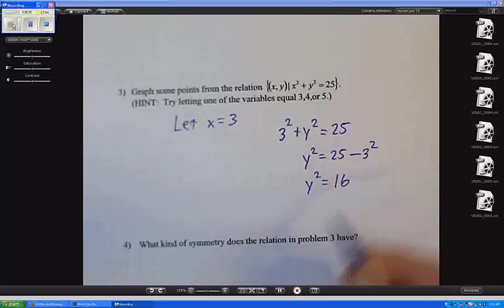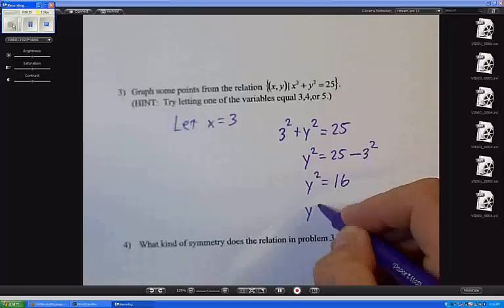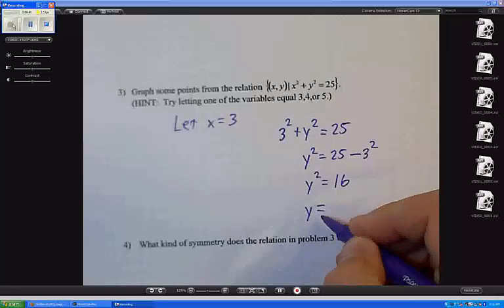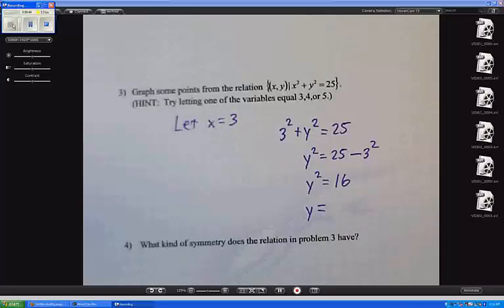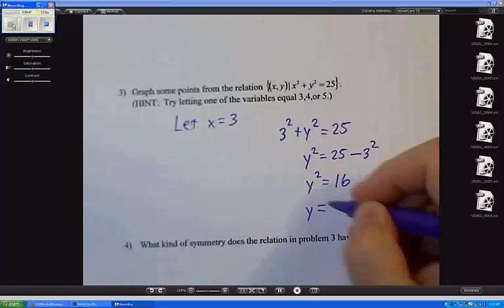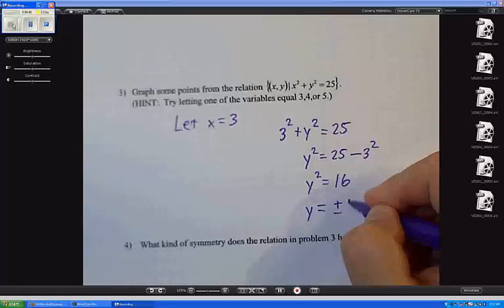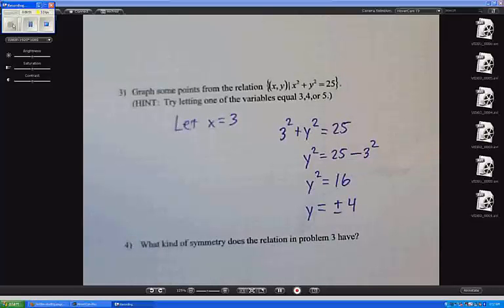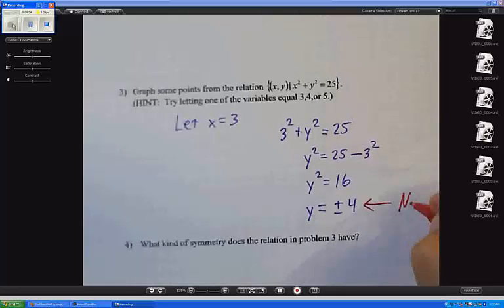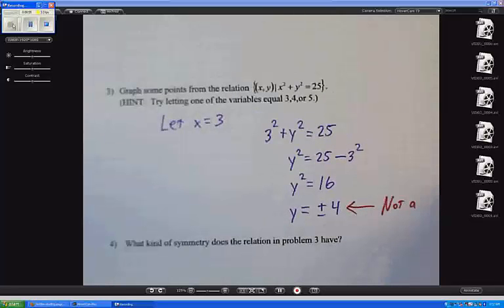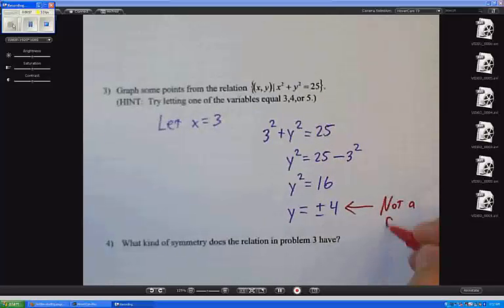So what does y equal? You sure? Aren't there 2 possibilities? That's bad. Plus or minus 4. I don't know if it's bad, but what it means is it's not a function, because there are 2 possible outputs.